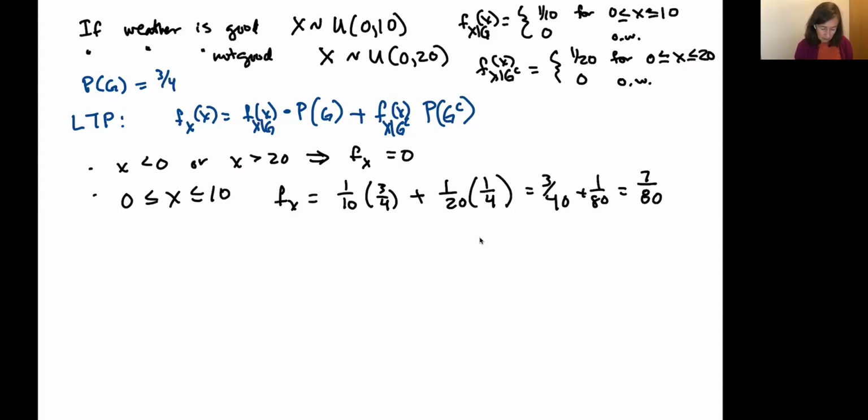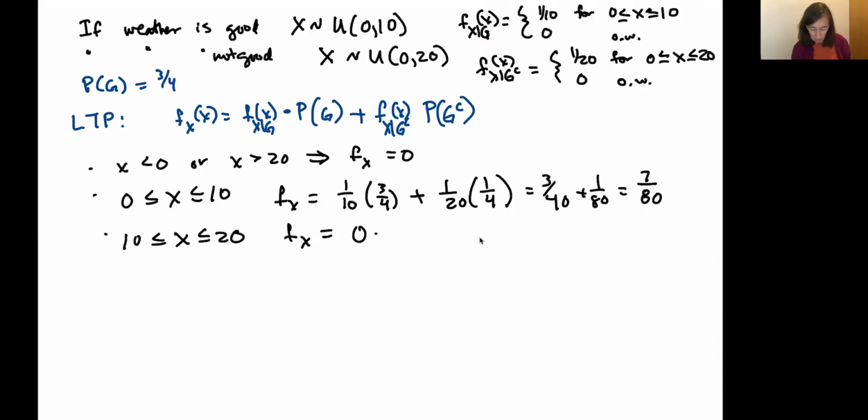The final case that we have to think about here is X between 10 and 20. And in this case, again, I'm just going to put in the numbers from the two conditional PDFs. For X greater than or equal to 10, it's outside of this range, so the PDF for that range when the weather is good is 0.